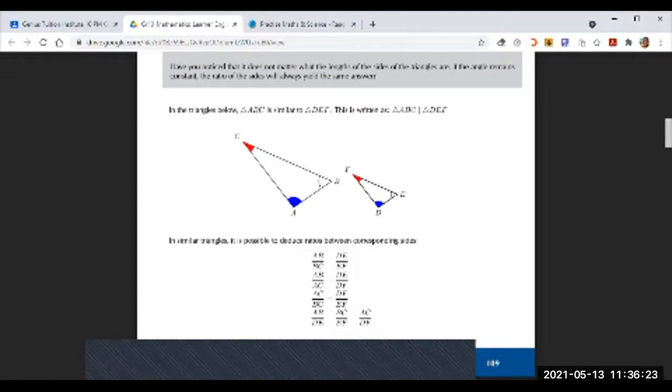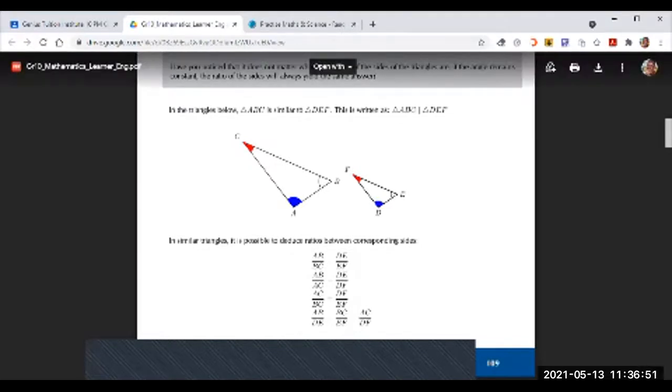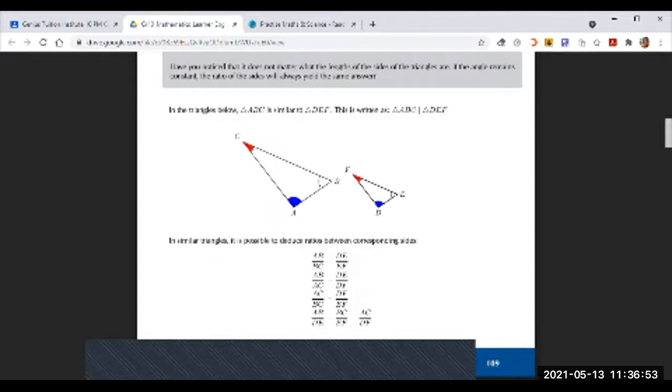So AB corresponds with DE, BC corresponds with EF, and then CA corresponds with FD. So the ratios are put here according to their correspondence: AB over DE, AC over DF. That is how the ratios are written.